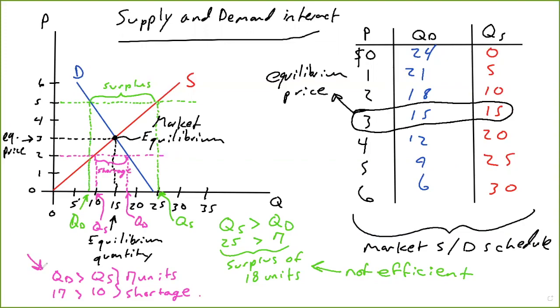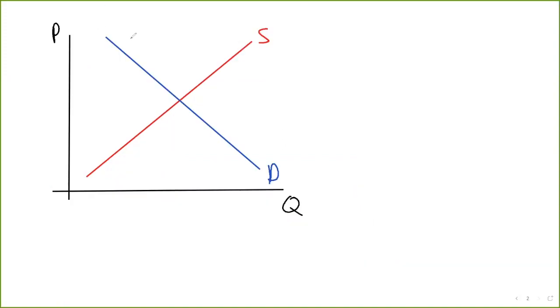And again, this situation is not efficient because we have people who want units of the good that are not being supplied. So now let's look at why we typically don't see shortages or surpluses. Let's say we're running a surplus of this amount. At this point, suppliers have too many units.